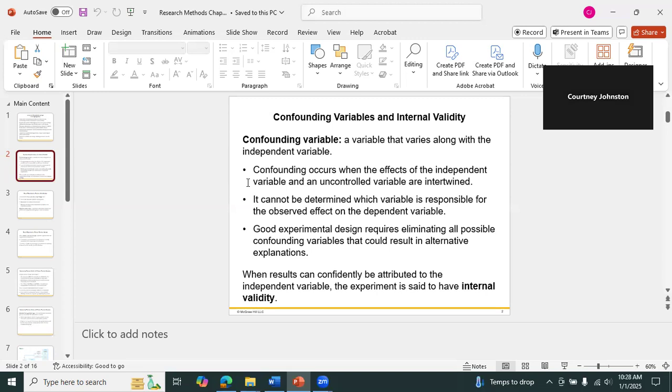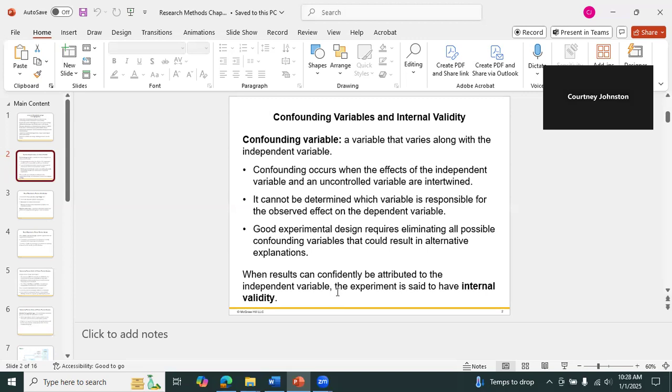But if we have good experimental design, we can eliminate as many of the confounding variables as possible that could result in other explanations for why the dependent variable varied. So when results can confidently be attributed to the independent variable causing the effect in the dependent variable, we can say that the experiment has high internal validity.